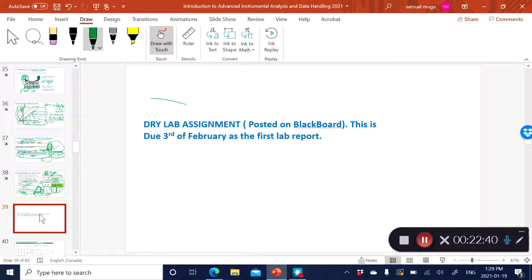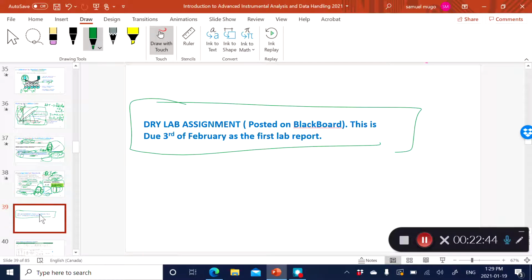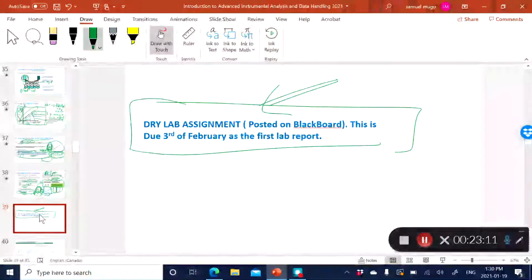And so you've got a dry lab assignment to practice all those different types of data manipulation using the 3 different calibration methods. And this is very important, because all your labs are going to be based on calibrations. And so I want every student to be very, very comfortable with data manipulation using different types of calibration methods.